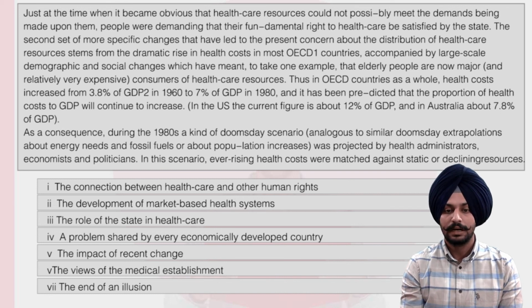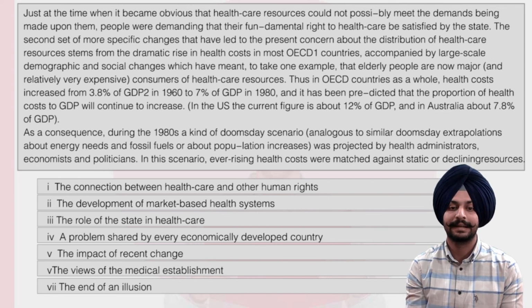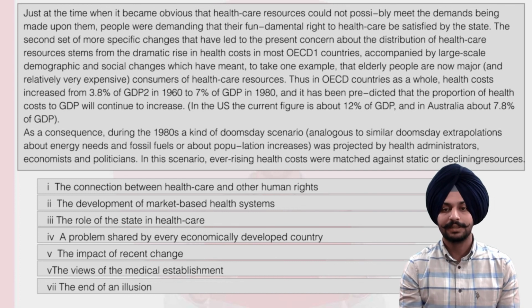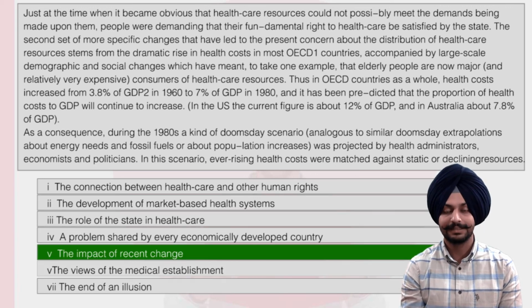So what is their impact? Their impact is that the countries are now spending more money, like the cost increased from 3.8% in 1960 to 7% in 1980. This is the change they are talking about, the impact of recent changes. So this is our answer.